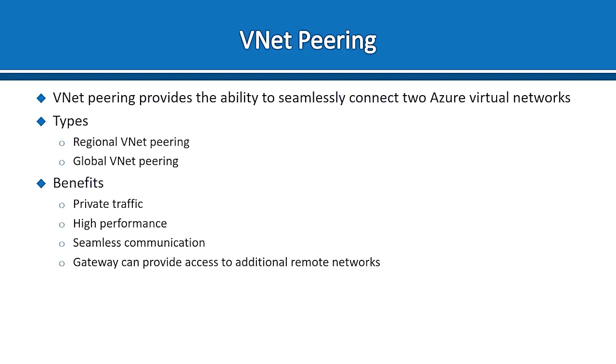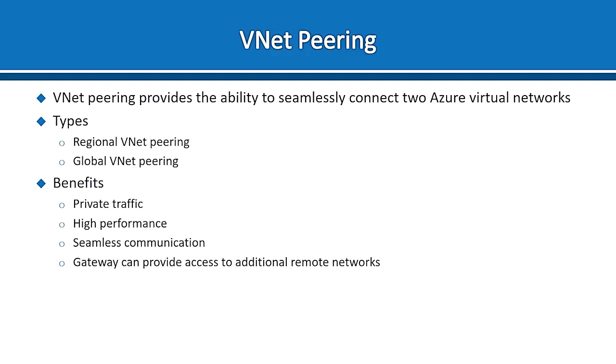When you do the global peering, the VNets can exist in any public cloud region, including China cloud regions, but they cannot exist in the government cloud regions. So anytime you're using the government cloud regions, you would only be able to peer with another VNet in that government cloud. So two basic types.